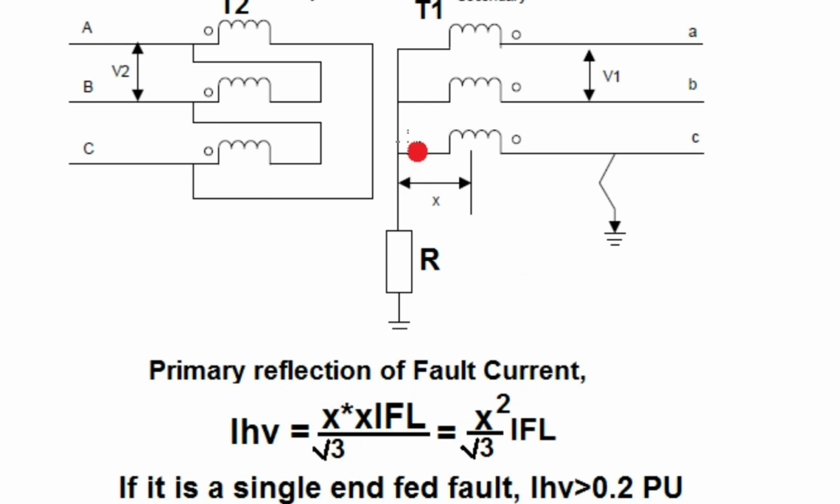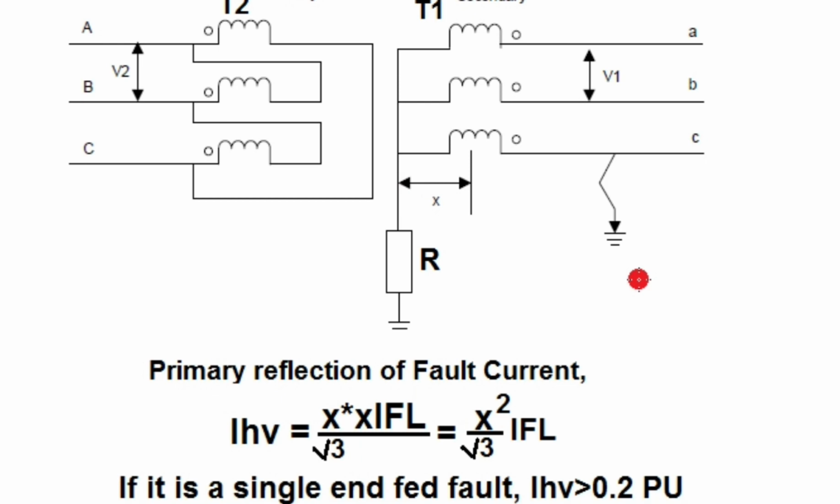So consider that it is a single end fed fault current, that is, the fault occurs during charging of the transformer from the HV side and there is no fault current fed from the secondary side of the transformer. So the IHV, the primary current reflection of the fault current, is X square by root 3 per unit for a fault at X percentage of the winding in the star side of the transformer from the neutral point.